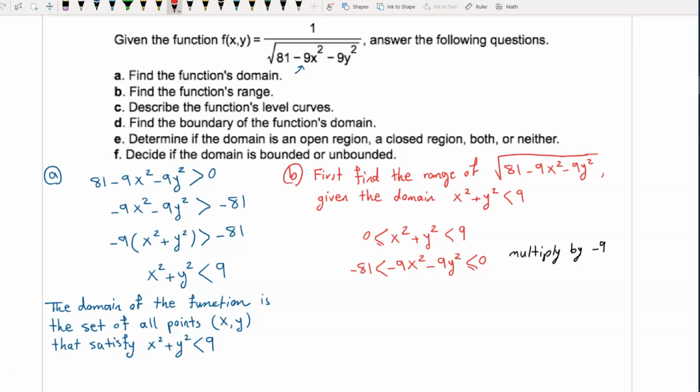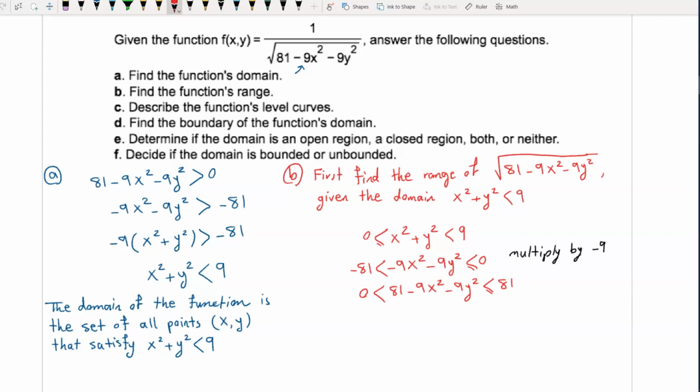And then add 81 to all parts of this inequality. So adding 81, here we're going to have 0 less than 81 minus 9x squared minus 9y squared less than or equal to 81.